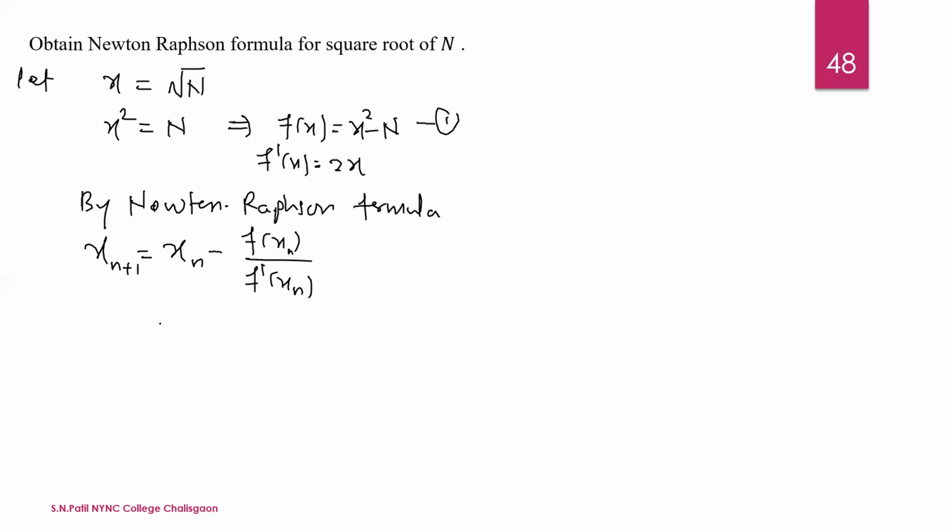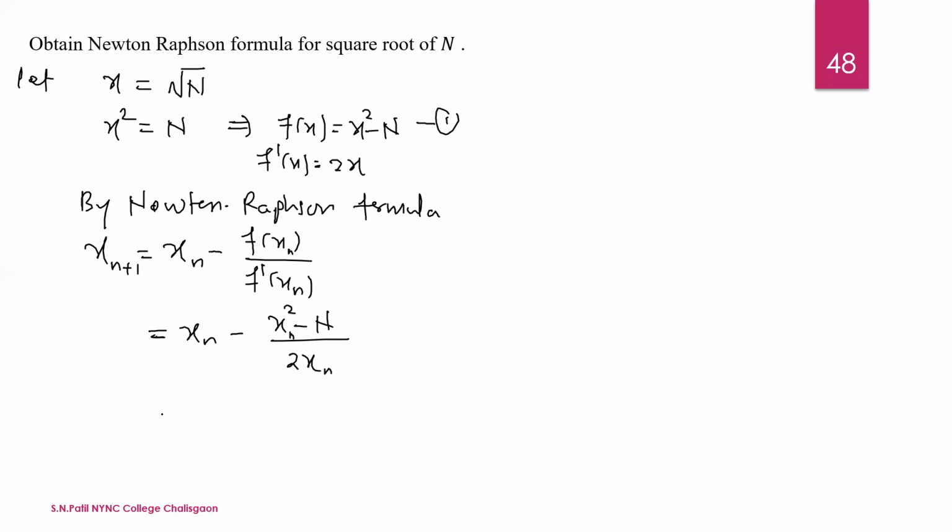Now put the value of f. The value of f is x square minus capital N divided by its derivative 2x, and write suffix n.